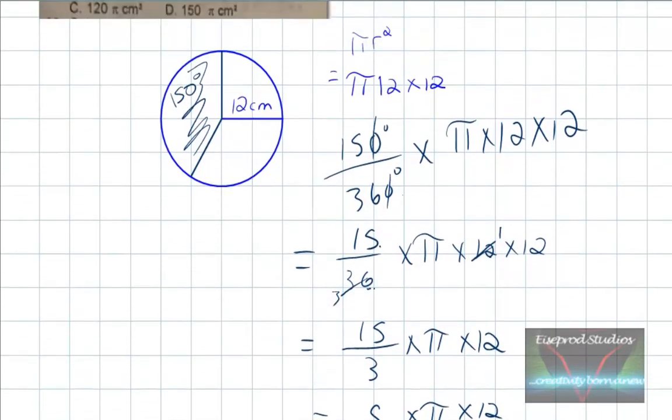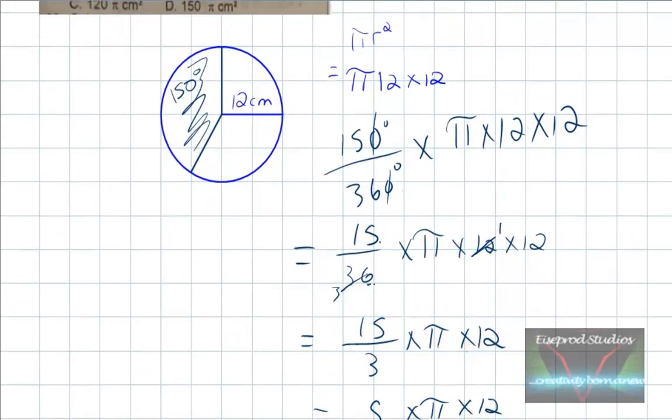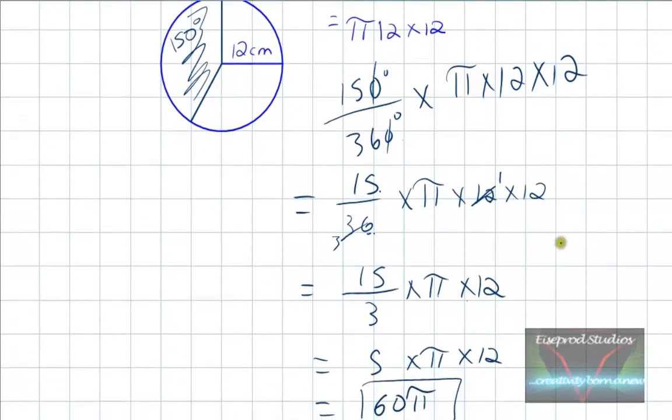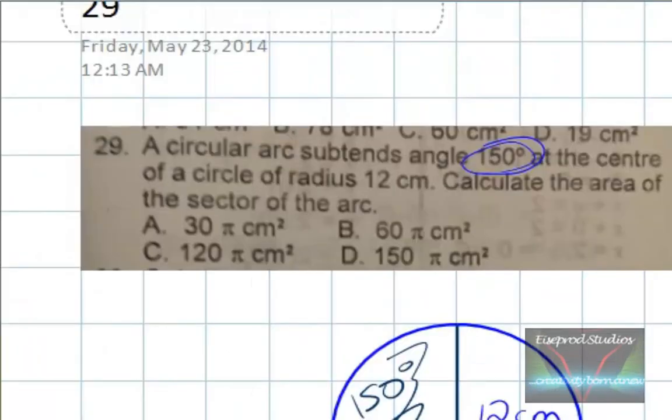So now we're left with 15 divided by 3 times pi times only 1/12, because the other one was taken care of already. So the next step would simply be to divide 15 by 3, and you get 5 times pi times 12, and 5 times 12 is 60, so you're left with 60 pi centimeters squared, since it's area.